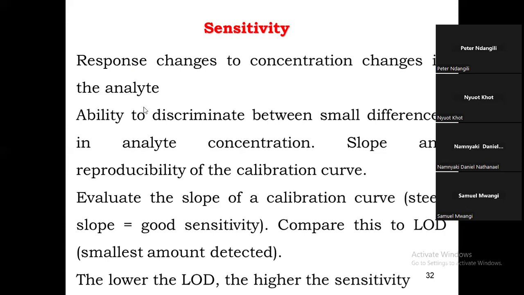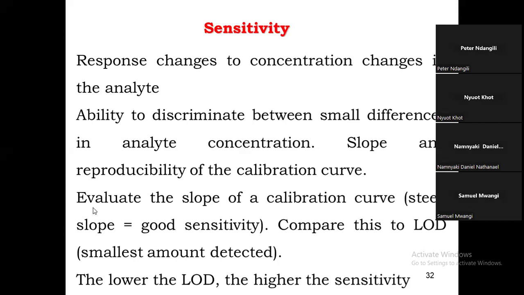The ability to discriminate between small differences in analyte concentration is very important. We look at the slope and the reproducibility of the calibration curve so that we can infer the sensitivity of our particular method.